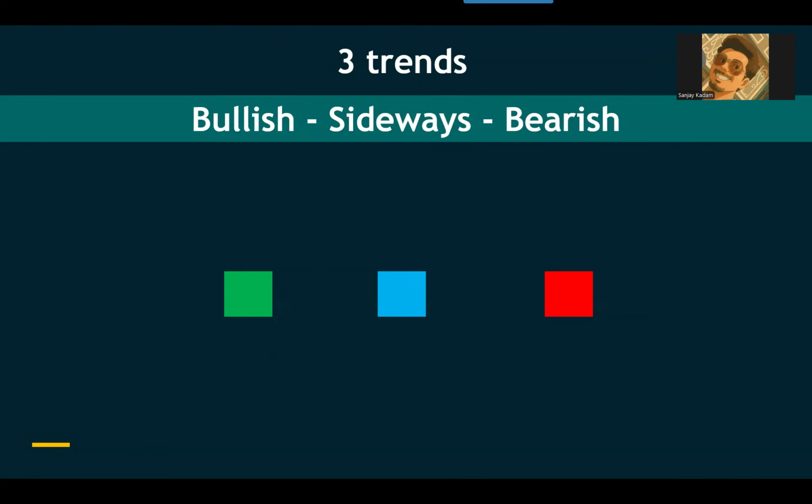And every type of trend, like these three types of trends, that gives us some clues of the direction of the distance.